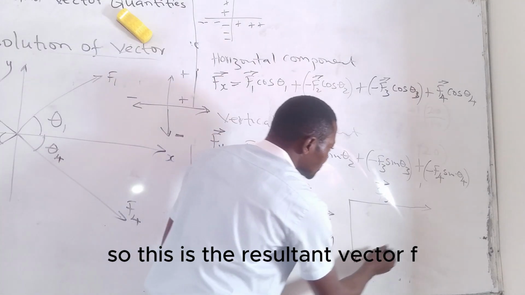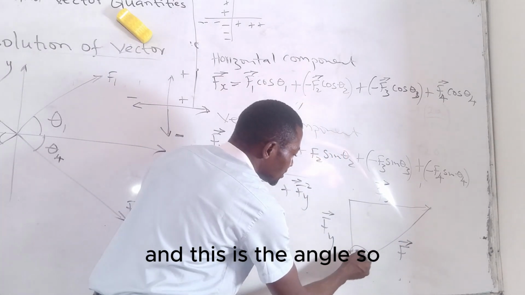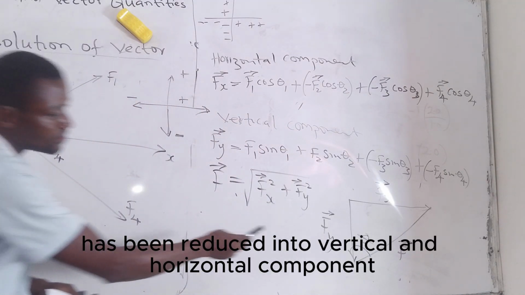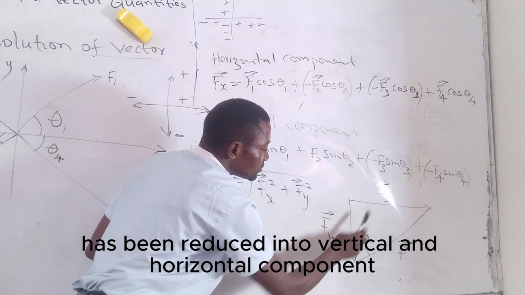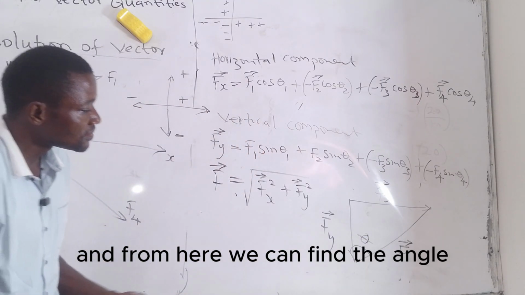So this is the resultant vector F, and this is the angle. So this complex vector has been reduced into vertical and horizontal components. And from here, we can find the angle.